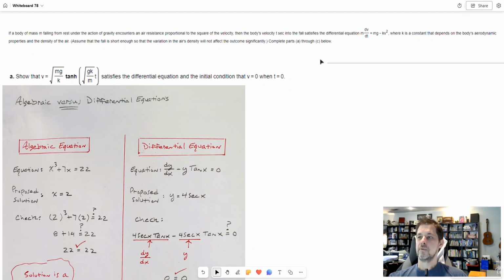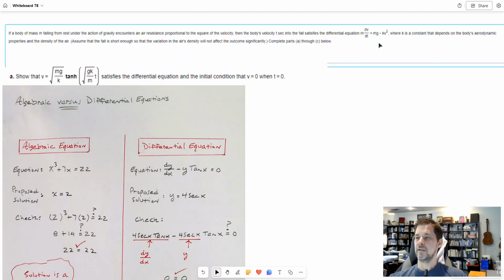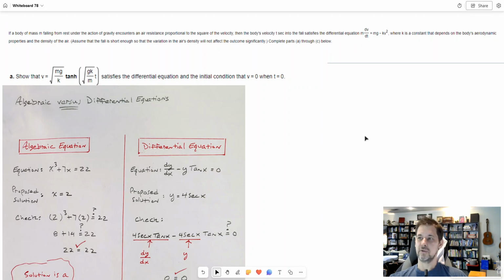So what I have here is this thing called a differential equation. And a differential equation is an equation that involves a function and its derivatives, okay? In the proposition here, the claim is that this function, which involves hyperbolic tangent, is actually what satisfies that equation.